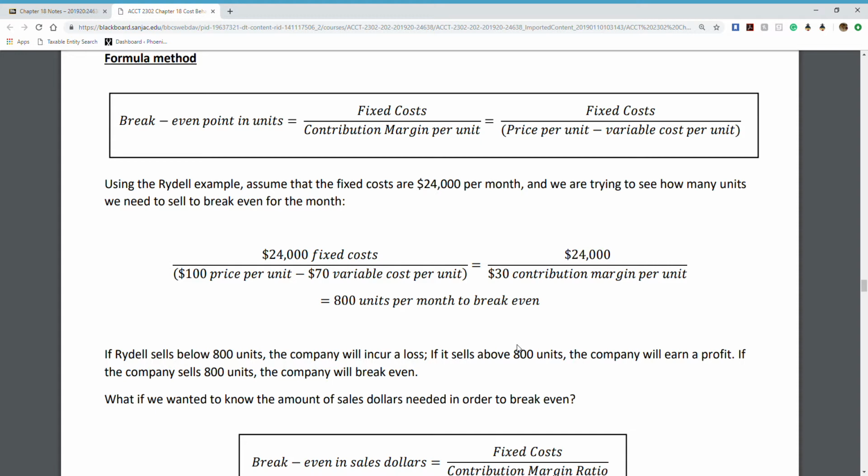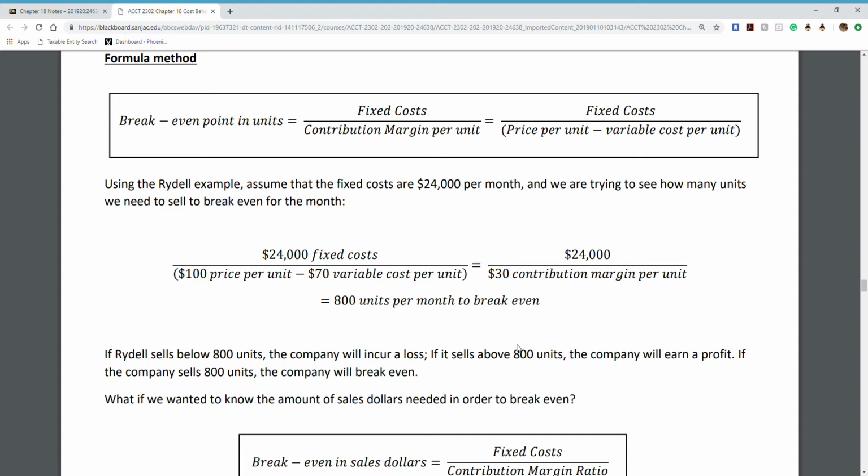And coming back to Rydell, we're going to assume the fixed cost is $24,000 per month, and we're going to see how many units it takes. Well, 24,000 divided by the $30 contribute margin basically equals 800 units have to be produced in order to break even. That will cover all of our costs.